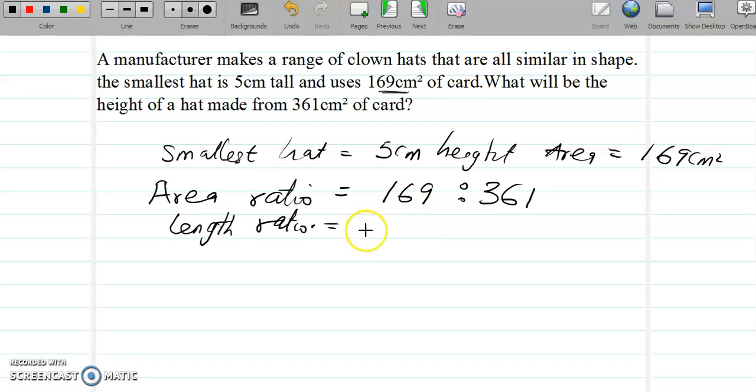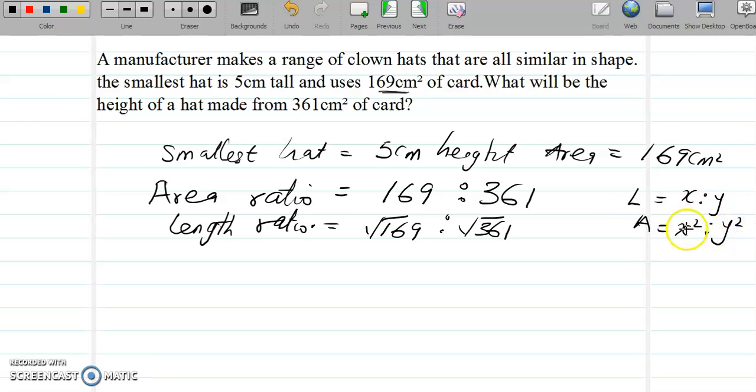The length means the square root of 169 is to the square root of 361, because length is x is to y, area is x squared is to y squared. So to convert this to this, you find the square root of this. Okay, now from here, the square root of this, which we know is 13, and the square root of this is 19.